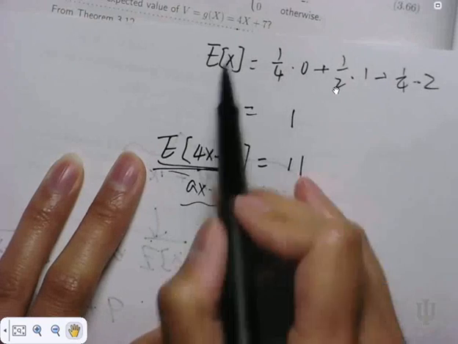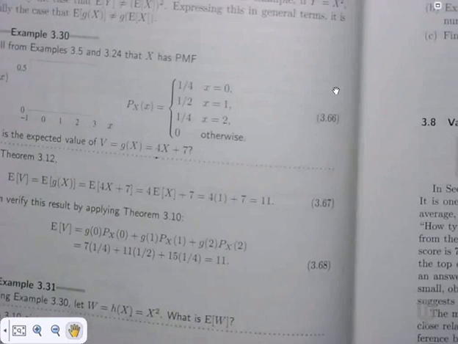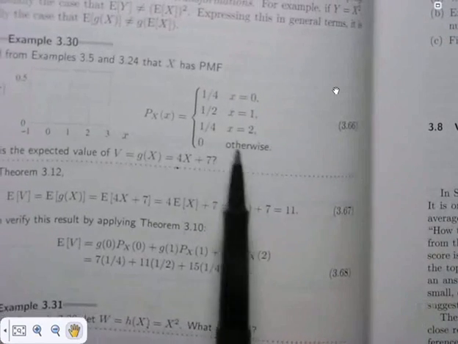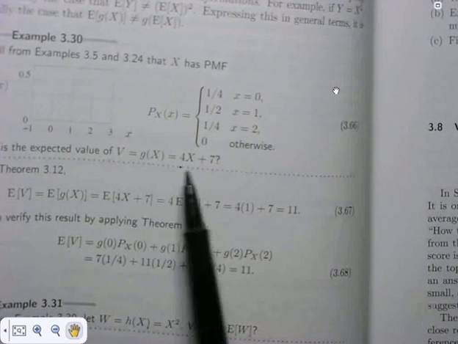You can do it this way. If you know E of x, then you know E of a linear function of x. Or you can do it by the definition. You first list the probability mass function of g(x) as a function, right?